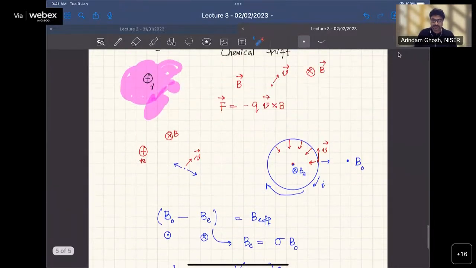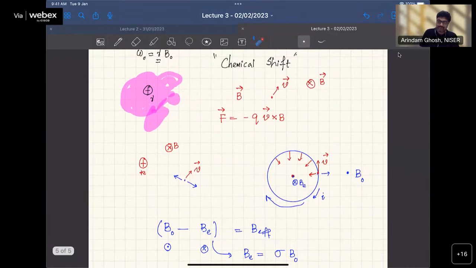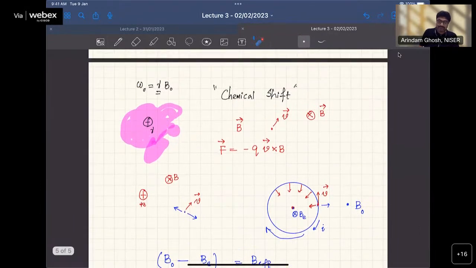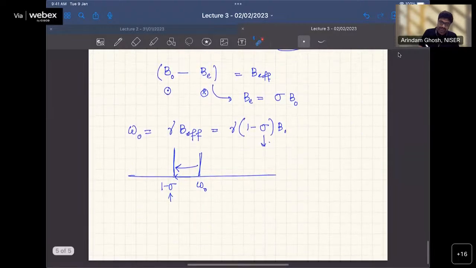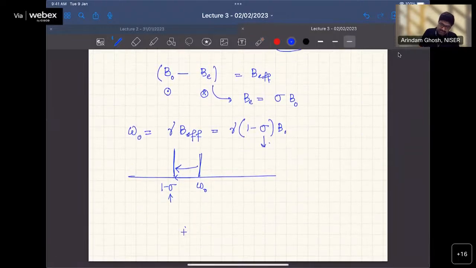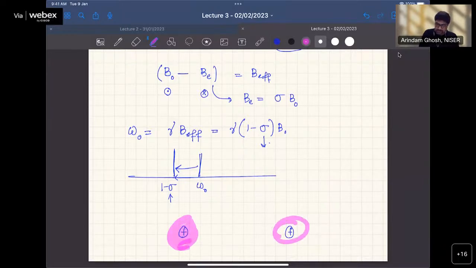So now you can imagine, once this is done, we can go back to this thing: if I have two different nucleus, one is like this, another is like that, and in one situation I have this cloud, and in another I have a cloud that is really dense.